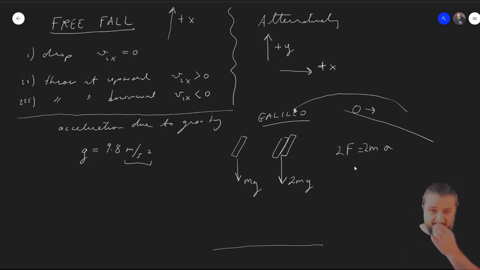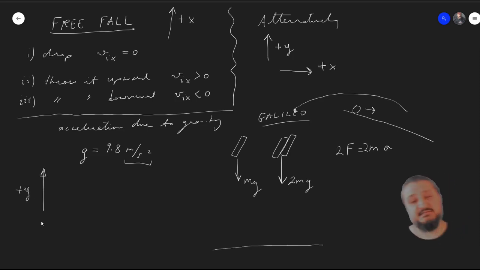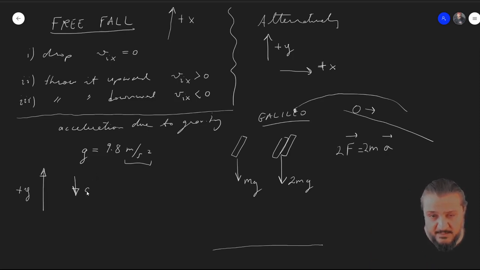There's one thing you have to be careful though. Remember, we picked up as positive, right? That's very common, so let's take this as a positive y direction. Gravity is downward. Force is downward. If the force is downward, the vector A is also pointing downward. So A is a vector that points downward.